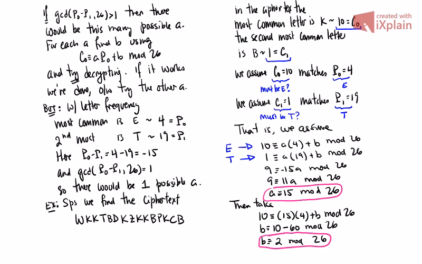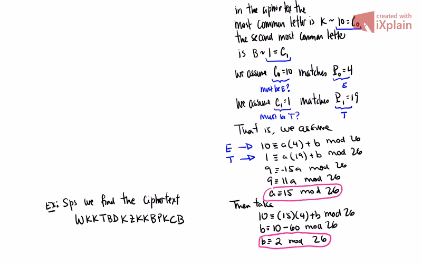So then what we do is we simply go back and we decrypt everything. Just to be really thorough, I'm going to take all these letters: WKK, TBD, K, Z, KKB, PKCB.